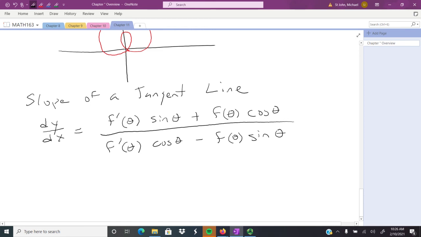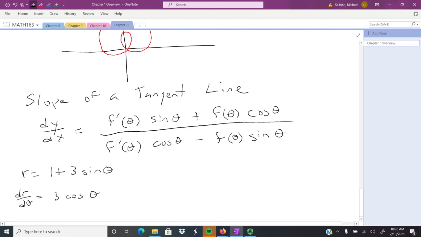Okay. So let's look at the one I just made my graph of. We had r equal to 1 plus 3 sine theta, which means dr/d theta is going to be 3 cosine theta.